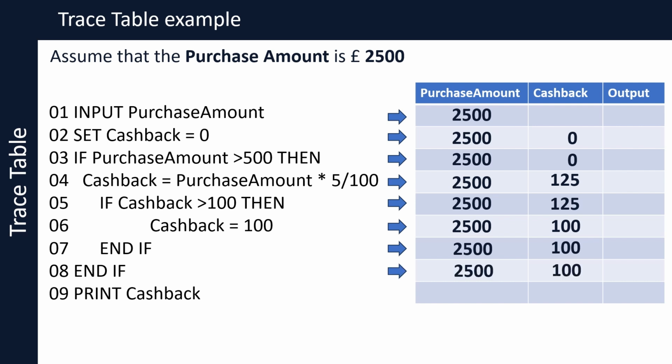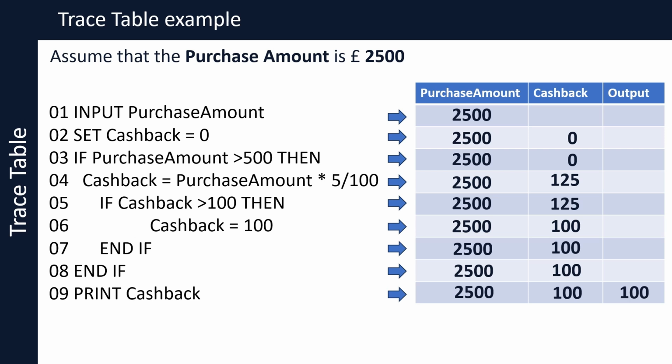In the 9th and final row, we are printing the cashback as an output, but are not changing the values of the purchase amount or the cashback. Hence, in row 9, we record the purchase amount under column 1 as 2,500, the cashback under column 2 as 100, and the output under column 3 as 100.